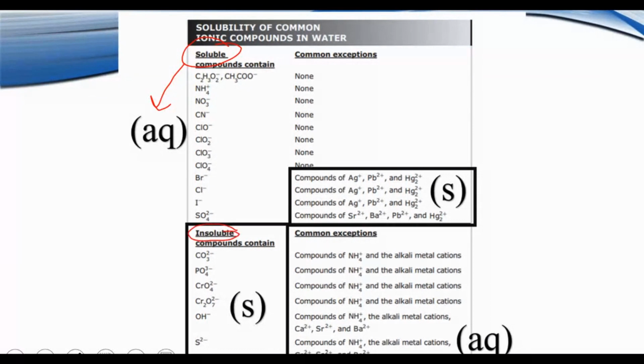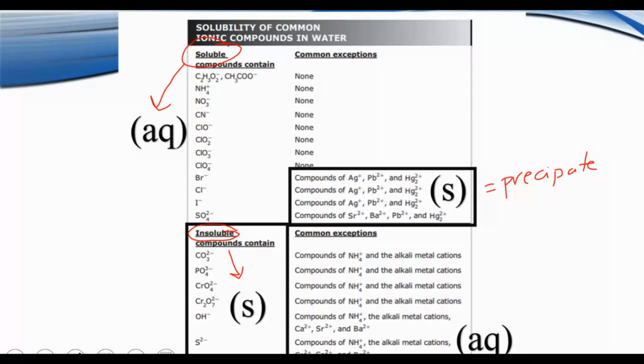So on a chemical reaction equation, we would write it as an S for solid. Anytime that you see the solid on the product side for a double replacement reaction, that automatically tells you that you have a precipitate, and that precipitate will be that solid, okay?